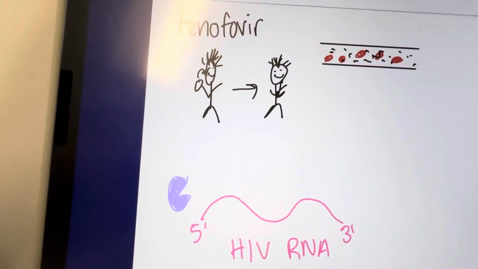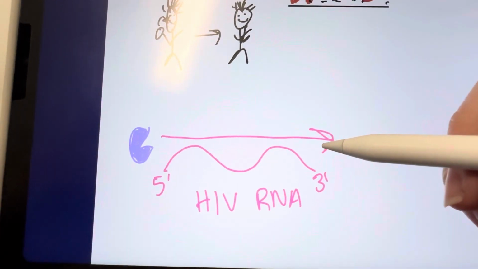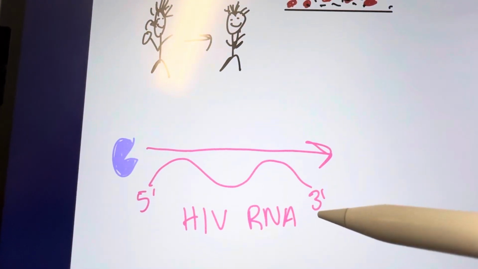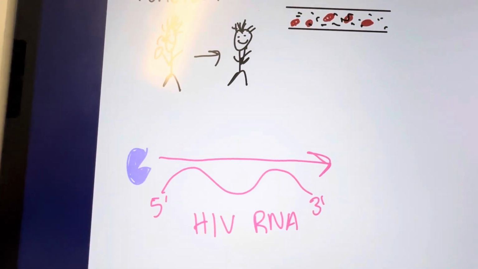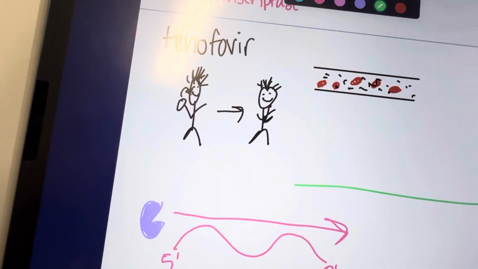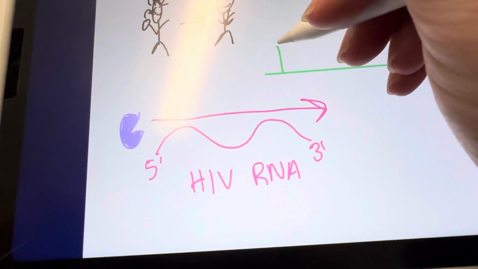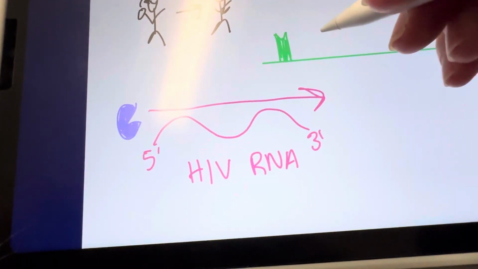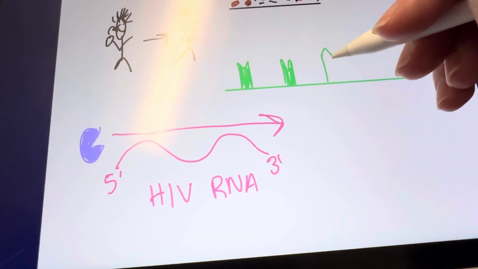What happens with this is that when the reverse transcriptase is going through and making this complementary strand, this is going down to the base pairs and the nucleosides. So, drawing that out, here's the bottom. The nucleosides kind of just have different shapes.